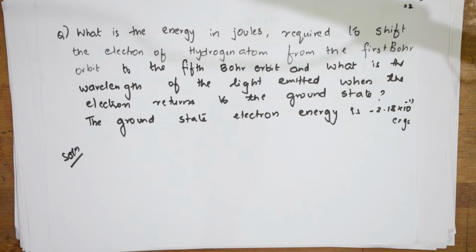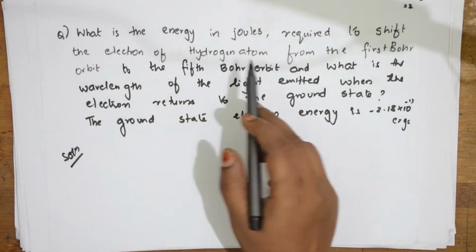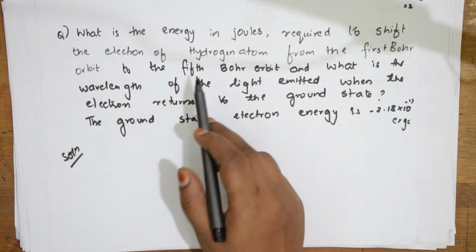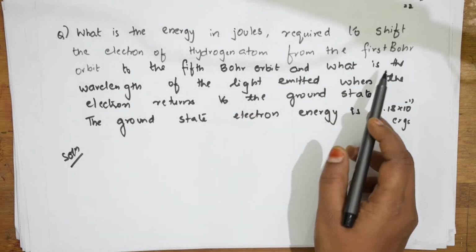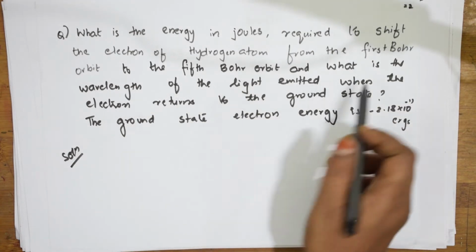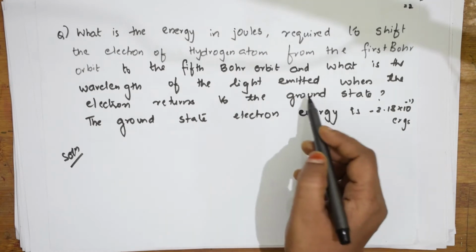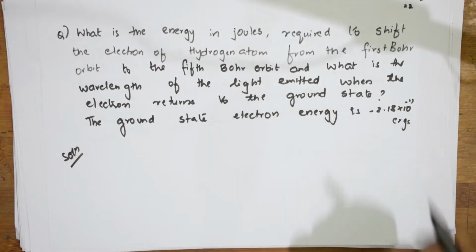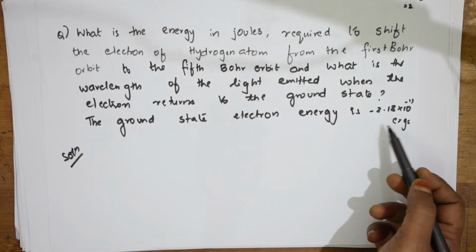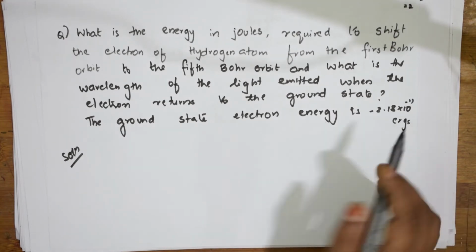Now let us come back and read the question. What is the energy in joules required to shift the electron of hydrogen atom from Bohr's first orbit to the fifth Bohr orbit, and what is the wavelength of light emitted when the electron returns to the ground state? The ground state electron energy level is minus 2.18 into 10 raised to the minus 11 ergs.